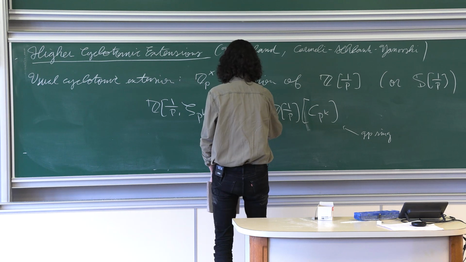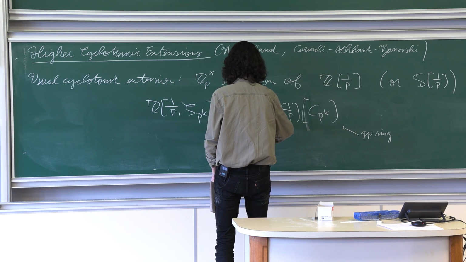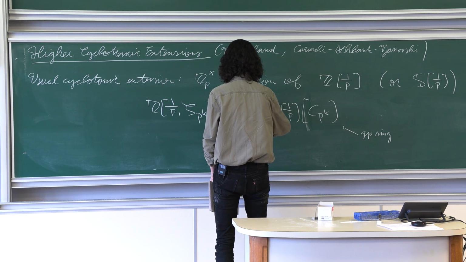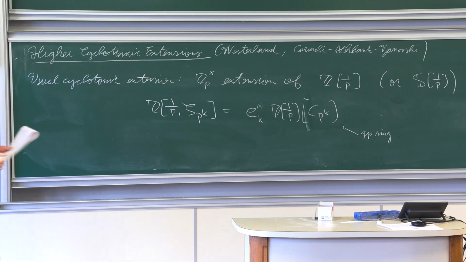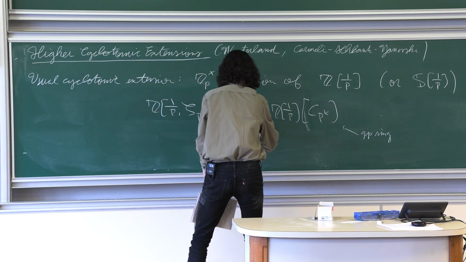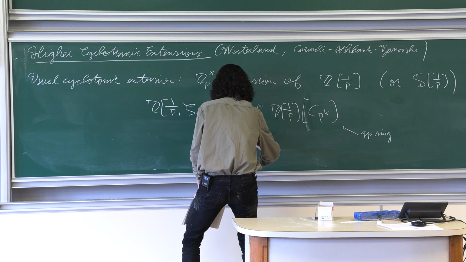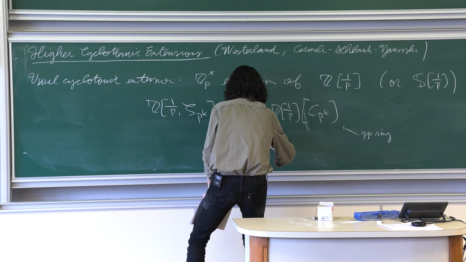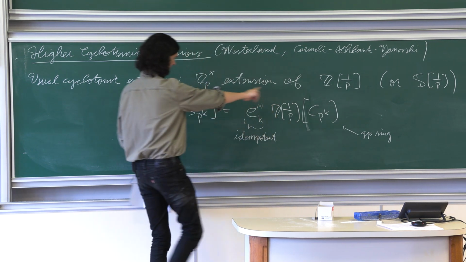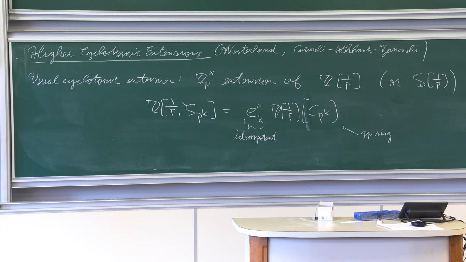And then you identify a certain idempotent, e_k, and I'll put 0, because we're at height 0. This is a certain idempotent which picks out the primitive p to the kth roots of unity from the arbitrary p to the kth roots of unity.